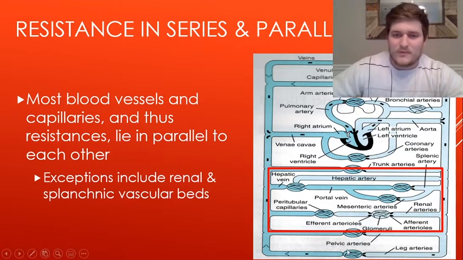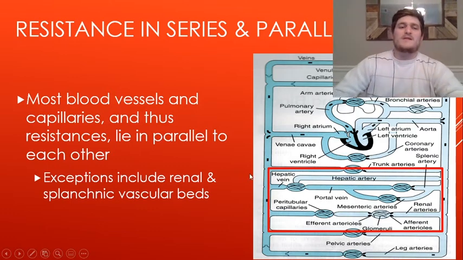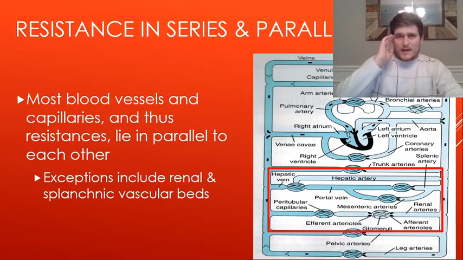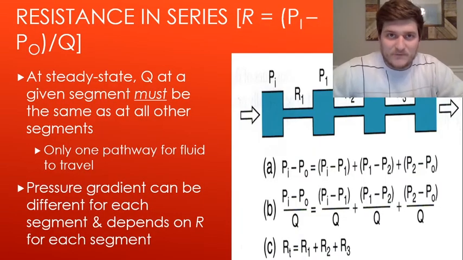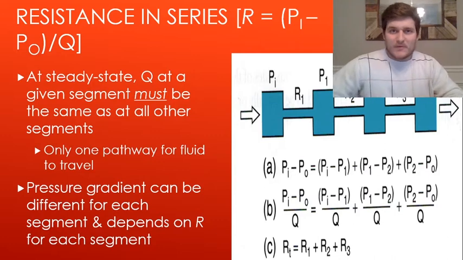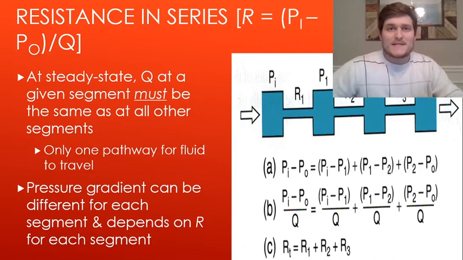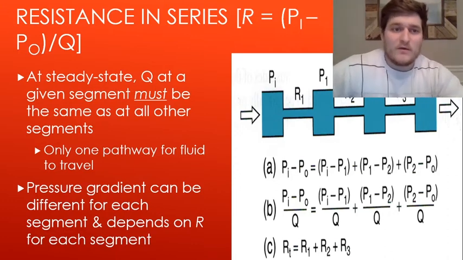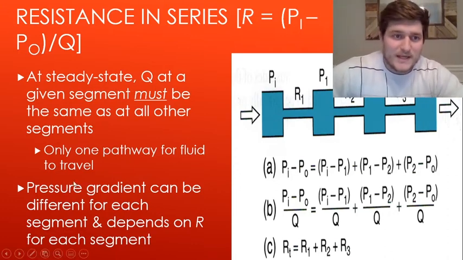However, in the renal circulation and the splanchnic circulation, what we are going to see is that those vascular beds actually run in a series. Let's talk about some differences between a series and parallel setup and what effects that has on overall resistance and regulation of blood flow. So in a series setup, there's only one pathway for fluid to travel down.